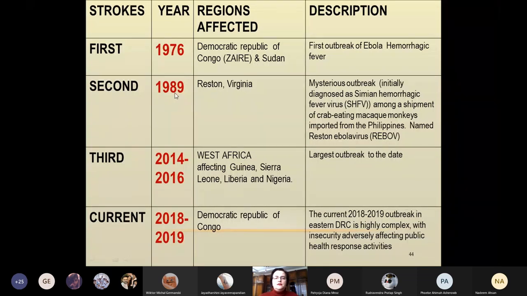Then you see 1989 in Reston in USA, and the most awful, the largest outbreak was in 2014-16 in West Africa, Guinea, Sierra Leone, Liberia, and Nigeria a little, and maybe already not current, but the closest to us, 2018-19 in Democratic Republic of Congo.